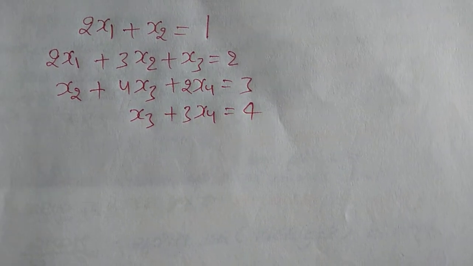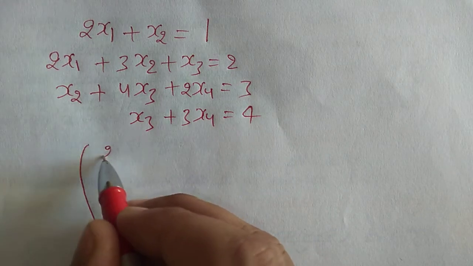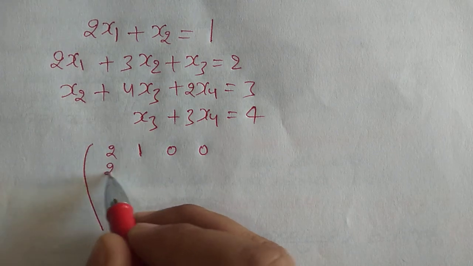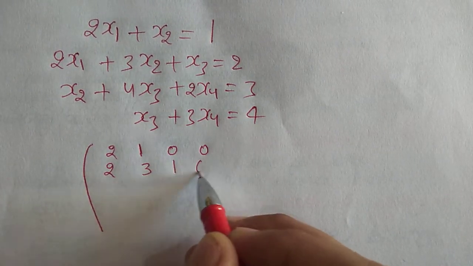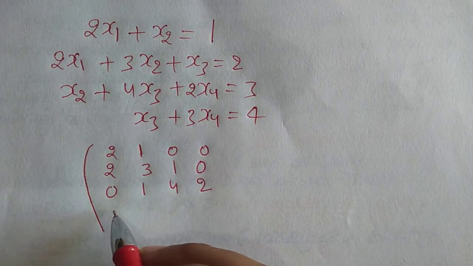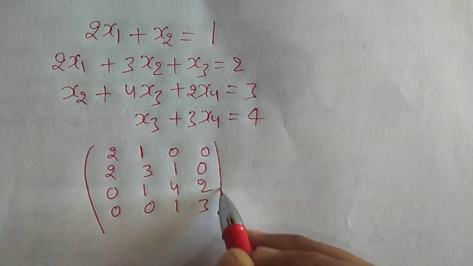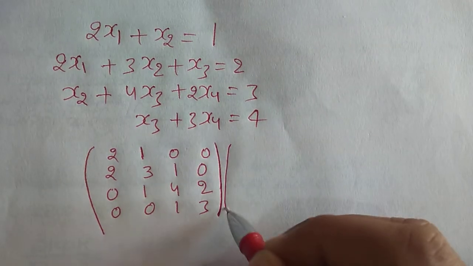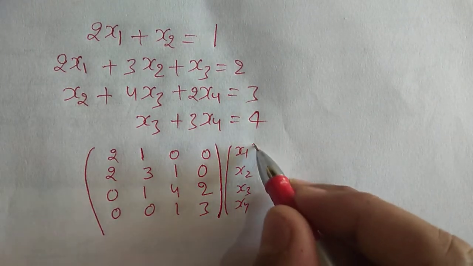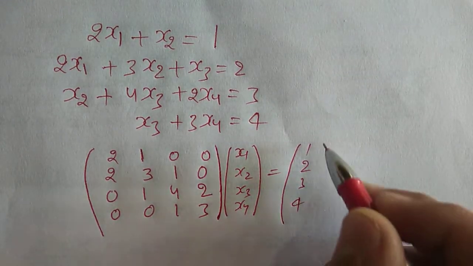Let us try to write it in the matrix form. The first row will be 2 1 0 0, the second will be 2 3 1 0, the third will be 0 1 4 2, and the fourth row will be 0 0 1 3. This is your matrix, and the variables are x1, x2, x3, x4 equal to 1 2 3 4.